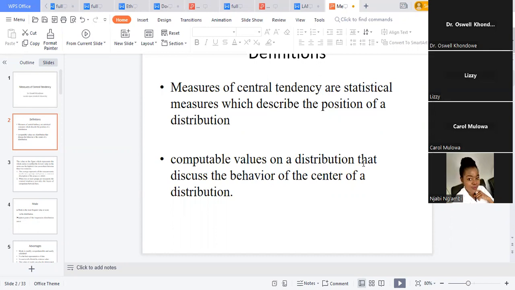It's computable values on a distribution that discuss the behavior of the center of a distribution. So what is the center of this distribution? You've got different ages: maybe 5 years old, 7, 8, 11, 9, 21, 34, 32. How is the behavior when you look at the numbers?